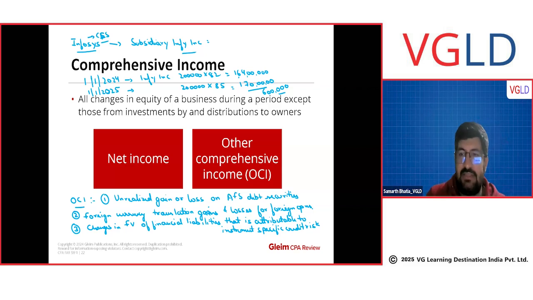And the last point is gains and losses on derivatives qualifying as cash flow hedges.